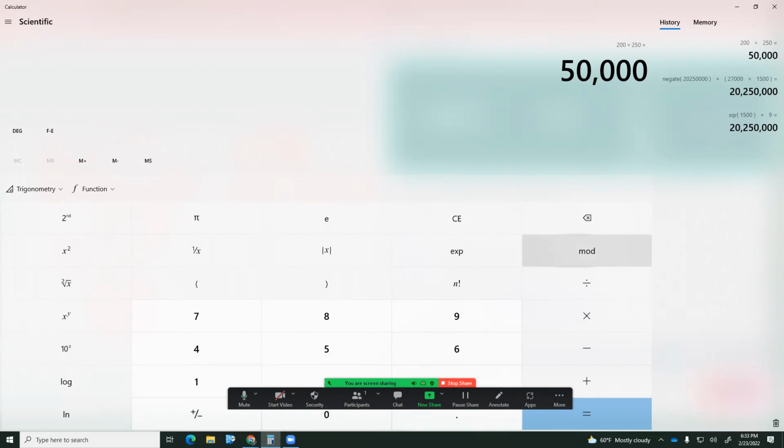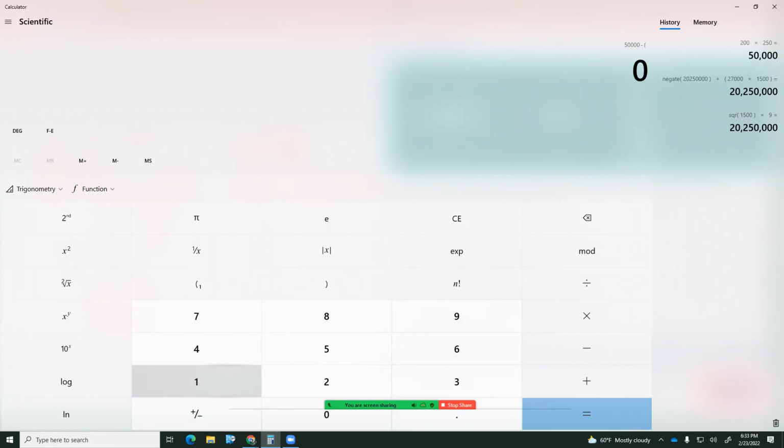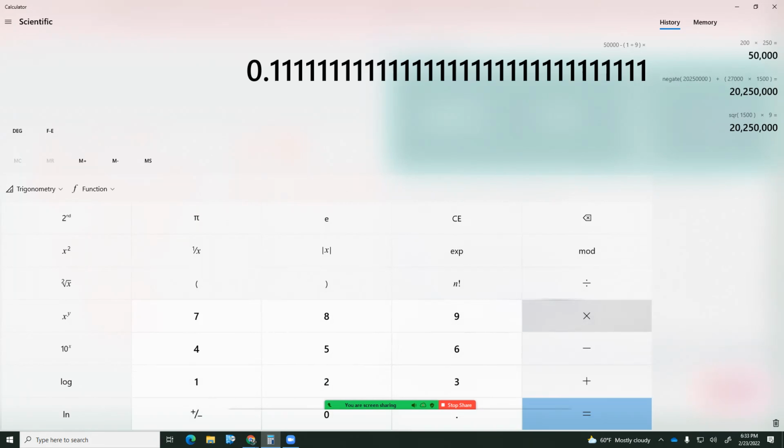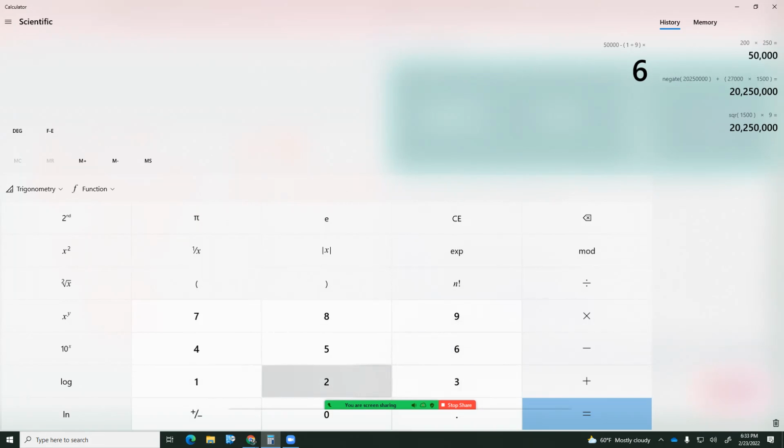You got 50,000, and then you're going to subtract 1/9 times 250 squared, which is 62,500 over 9.